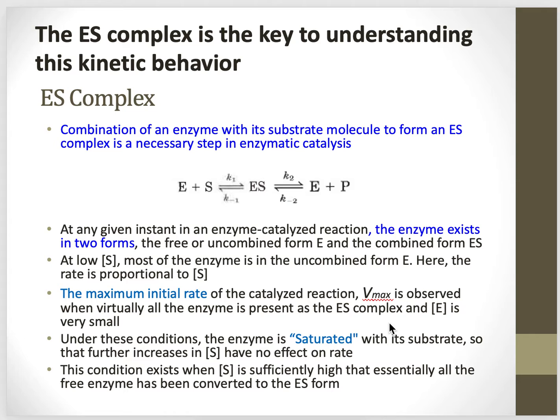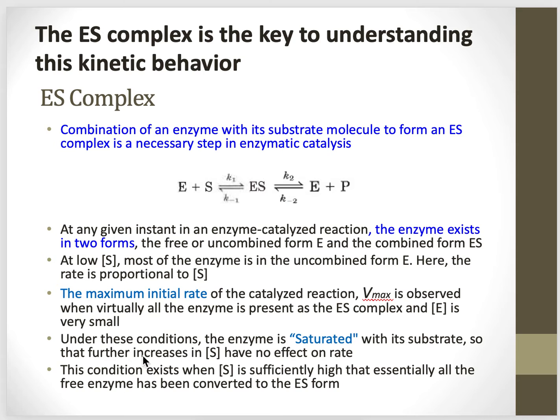To do that, first the enzyme needs to react with the substrate, that means first the enzyme will form the ES form. So if all the enzymes are bound with the substrate, then all the enzymes will be involved in the catalysis, right? So at that time, the reaction rate will be maximum.